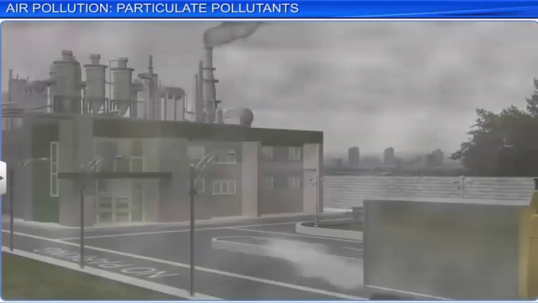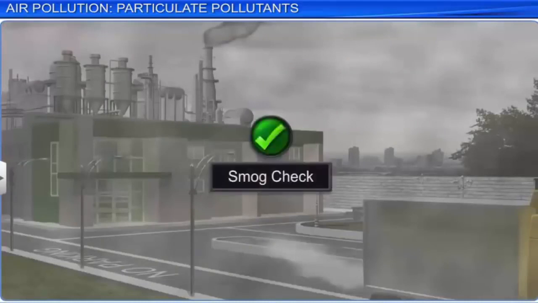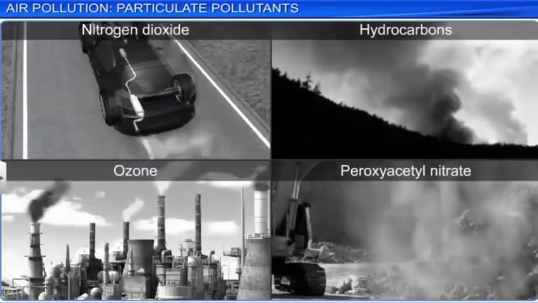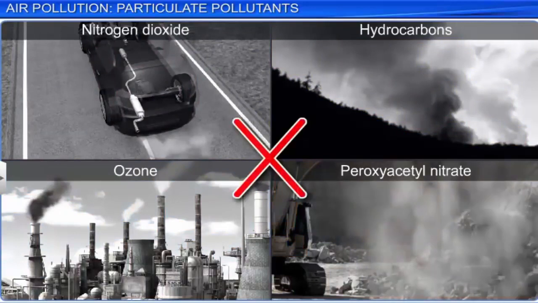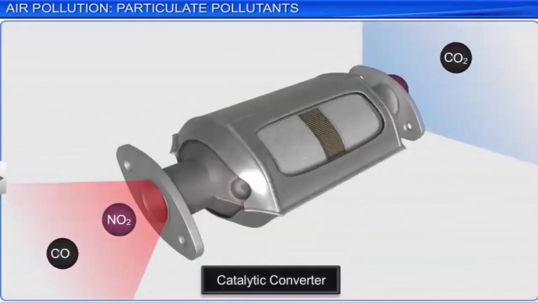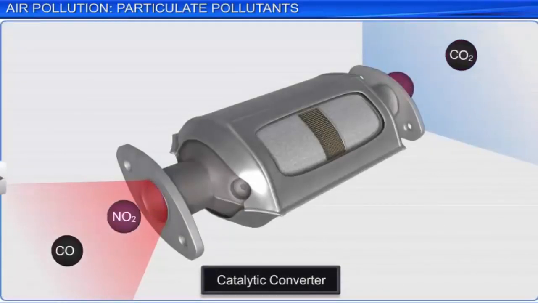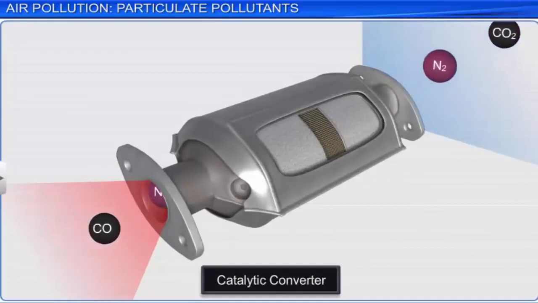Therefore, it is very important to control the formation of photochemical smog. Taking control over the production of nitrogen dioxide, hydrocarbons, ozone and peroxyacetyl nitrate will help to prevent photochemical smog. Using catalytic converters in automobiles reduces the emission of nitrogen dioxide and hydrocarbon.